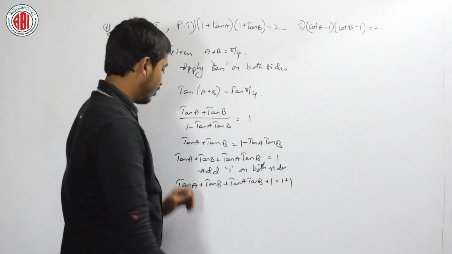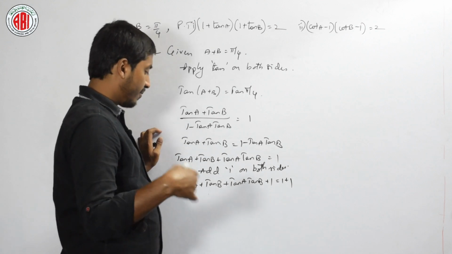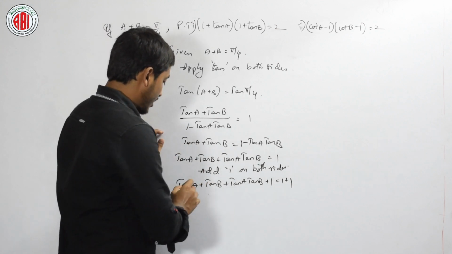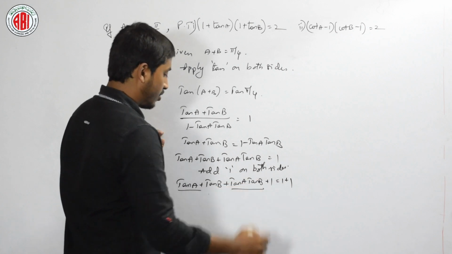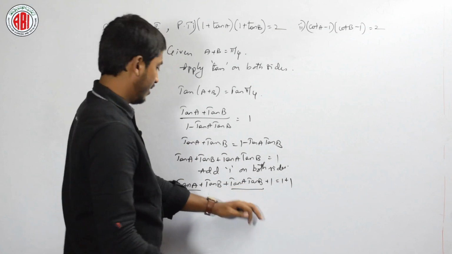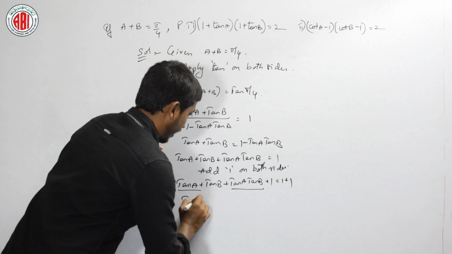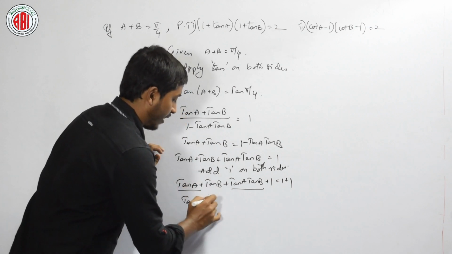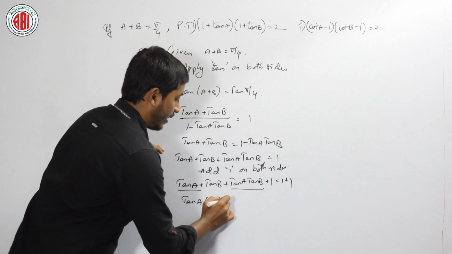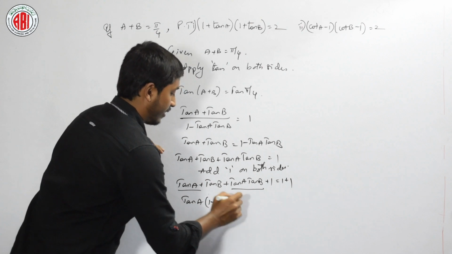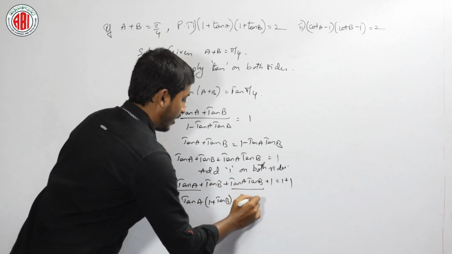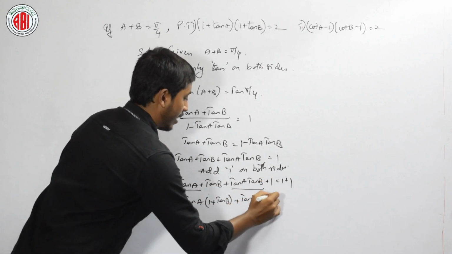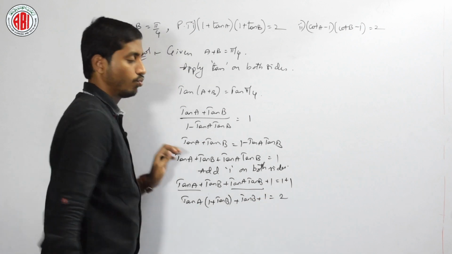Now can we take common from some terms? Shall we take tan a common from these two terms? Let us take tan a into, what is left here? 1 plus tan b is left. Then what are the terms left? Tan b plus 1, and the right side it is 2.